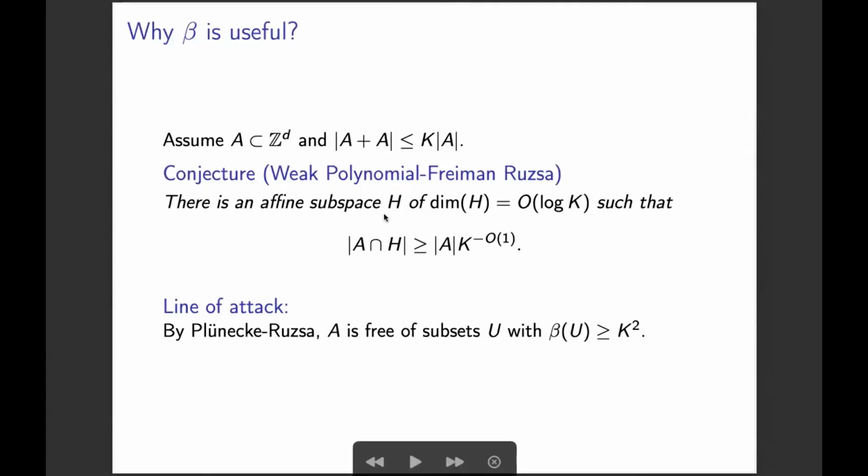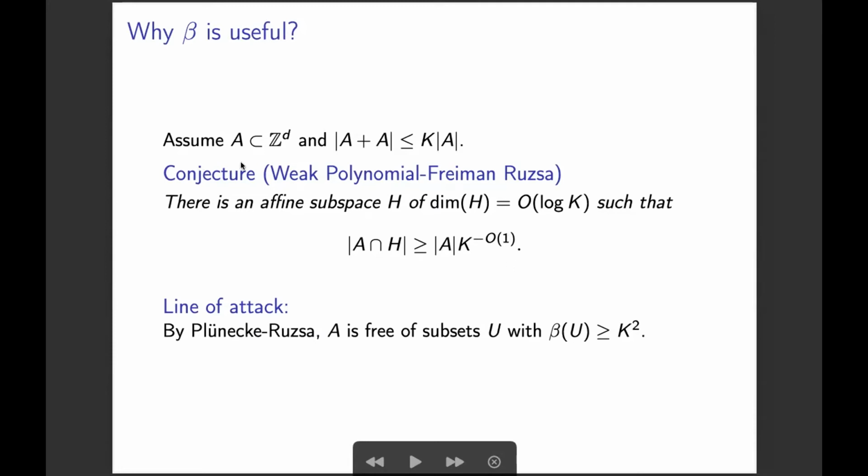And here we use this fact in order to attack the so-called polynomial Freiman-Ruzsa conjecture. It's still very important, and polynomial refers to small additive doubling.